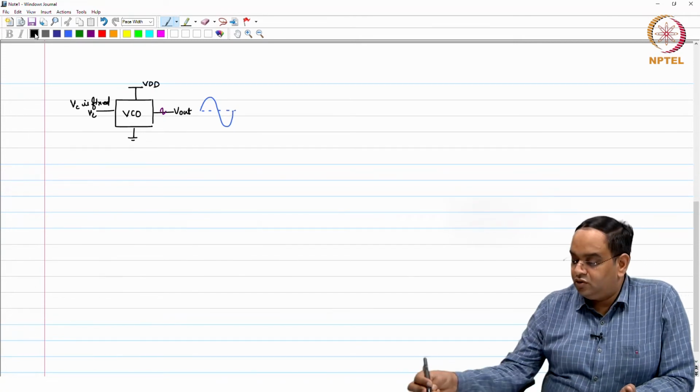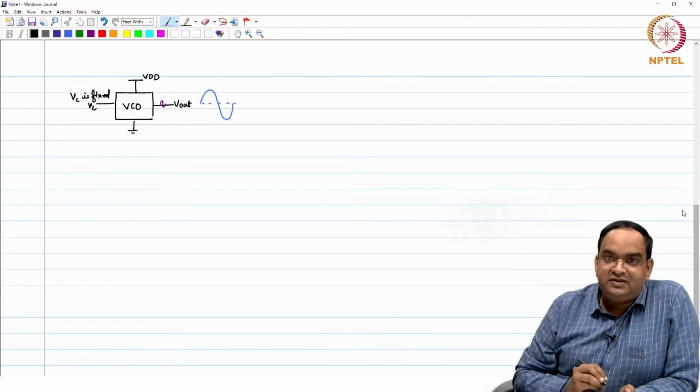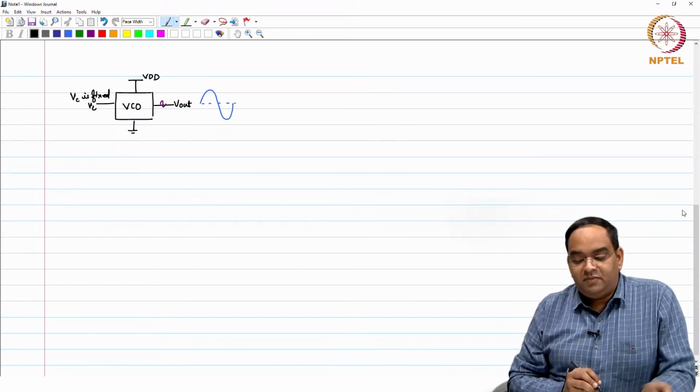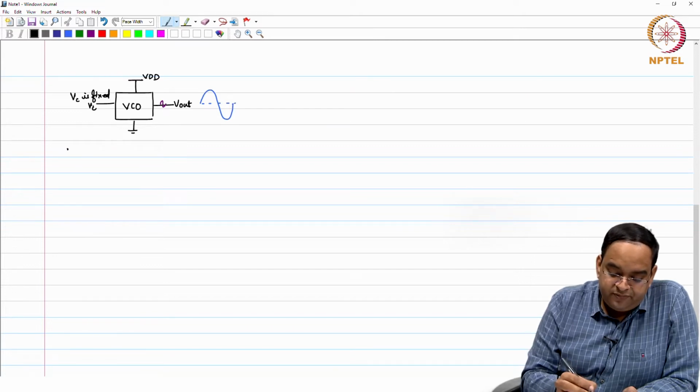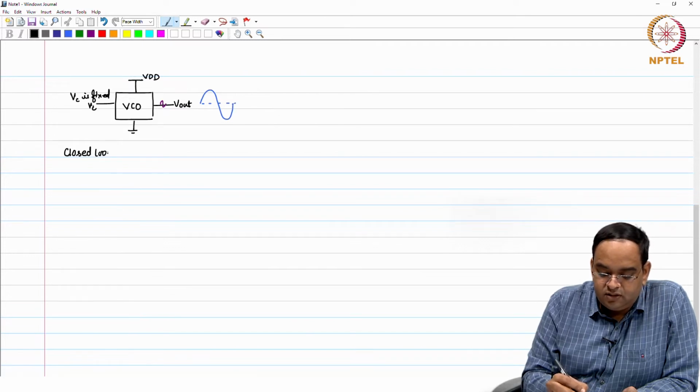So, to understand those systems which are self sustainable even in the presence of disturbances, we have to understand closed loop feedback systems.